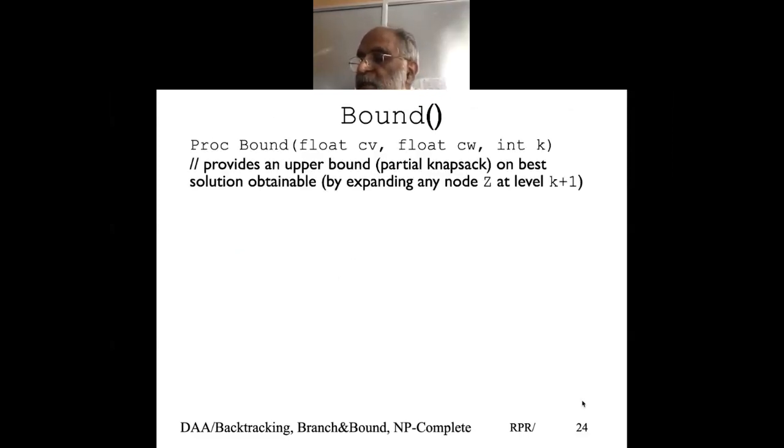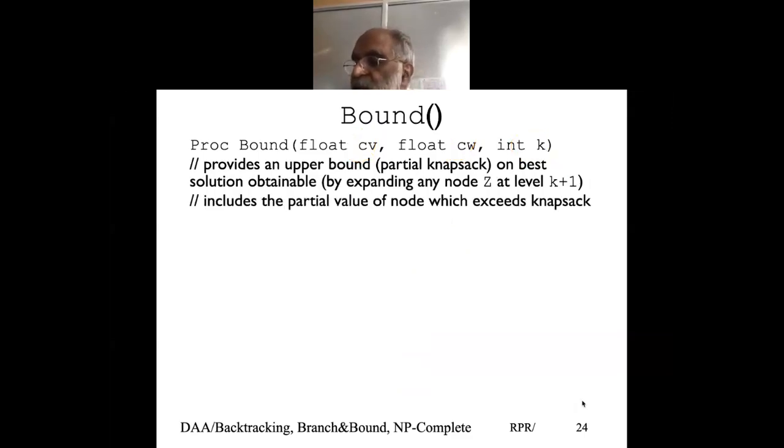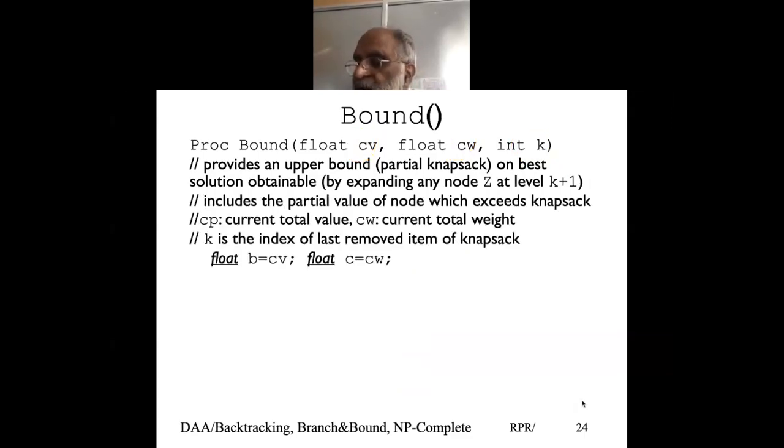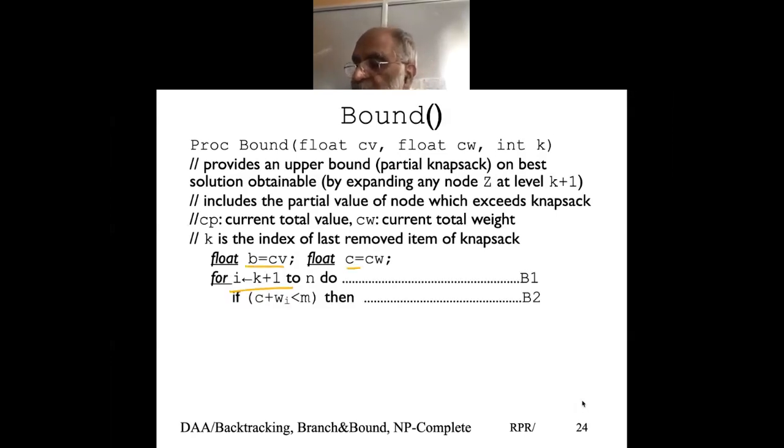So the bound function takes the current value, the current weight of the item, and which level of the node I am at, because I need to proceed from this node to the parents, all the nodes, level 1, level 2, and look at all the nodes from there. So all we are saying is compute from the current level. Take the current value, take the current weight, and for each item 1 to n, look at whether this is less than the capacity, then add it.